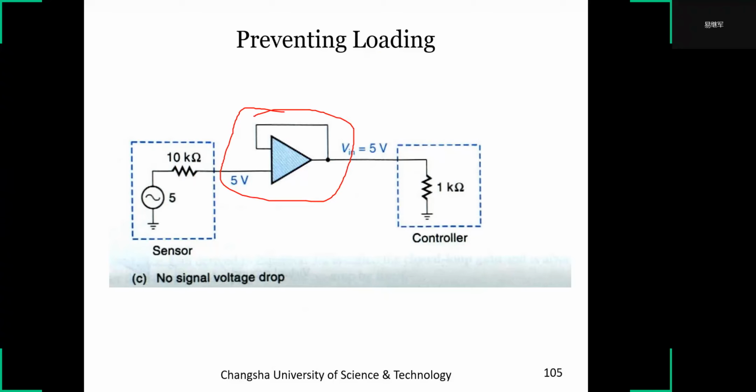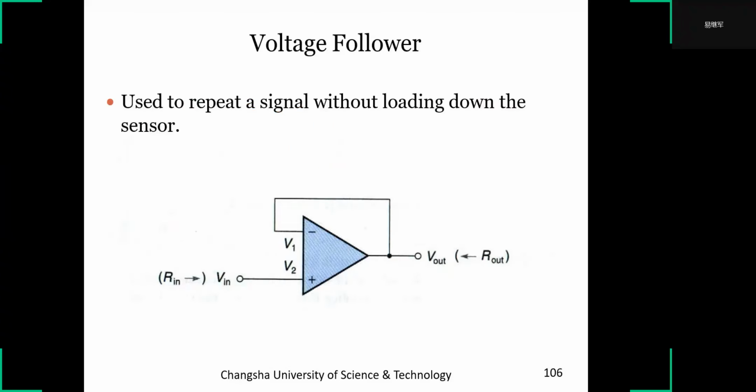We call it the voltage follower. A voltage follower is used to repeat a signal without loading down the sensor. R in is equal to R out. This is a voltage follower.